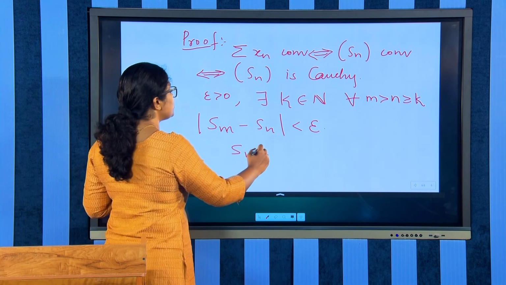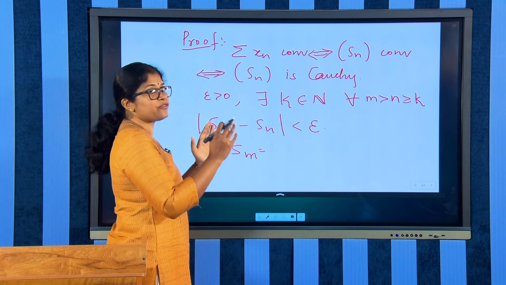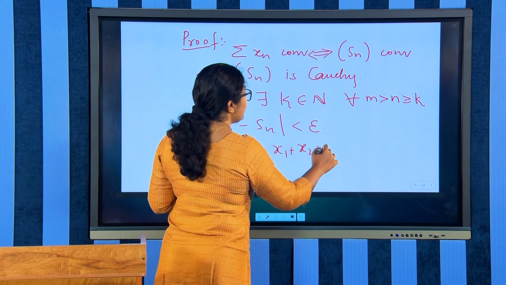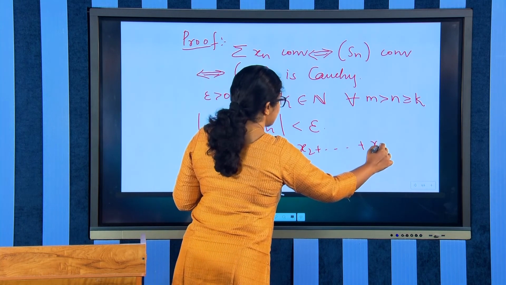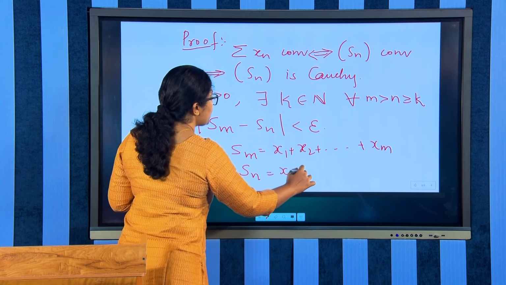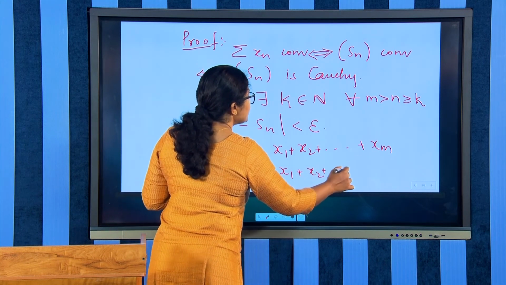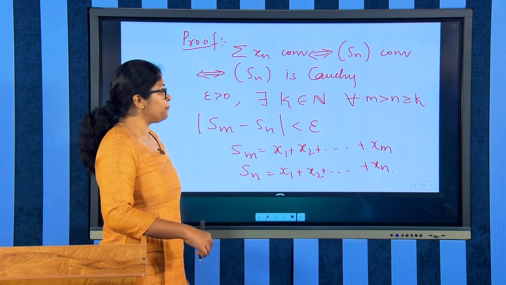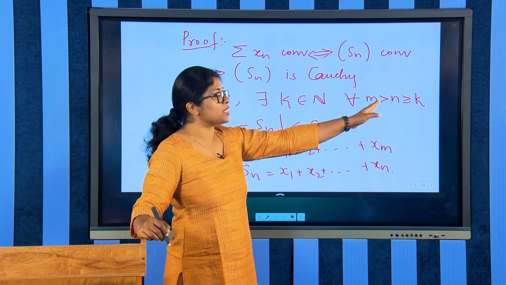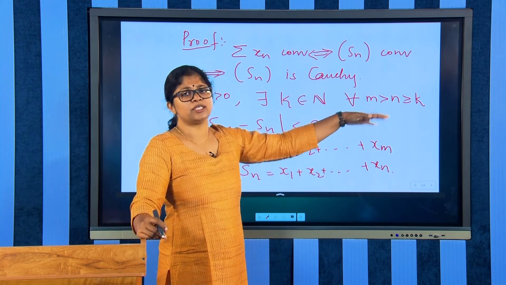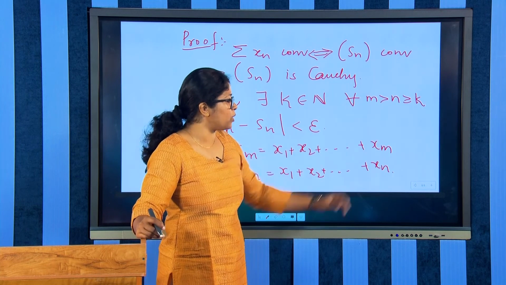Sm is the sum to m terms of the series, that is x1 plus x2 plus etc. up to xm, and Sn is nothing but x1 plus x2 plus etc. up to xn. The difference will be, because it is given m is greater than n, say m is like 50 and n is like 25 or some 30 or whatever.